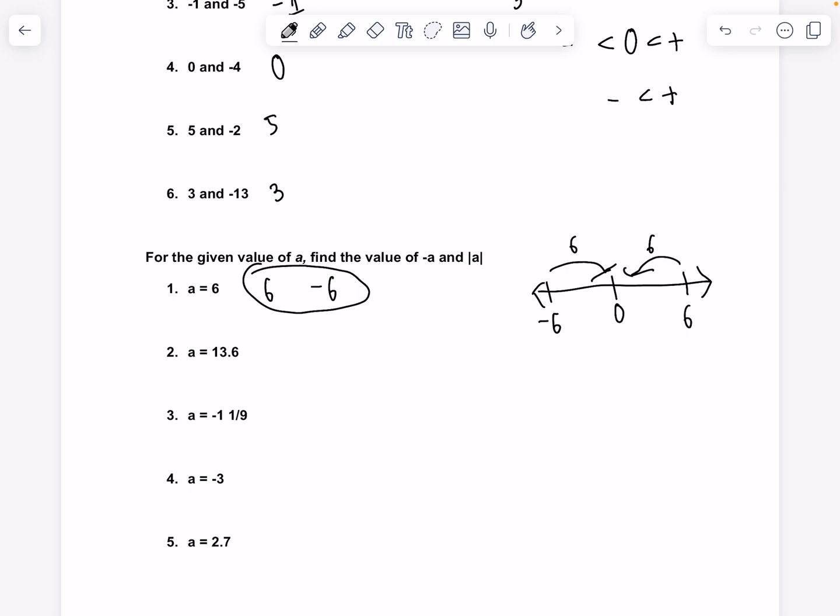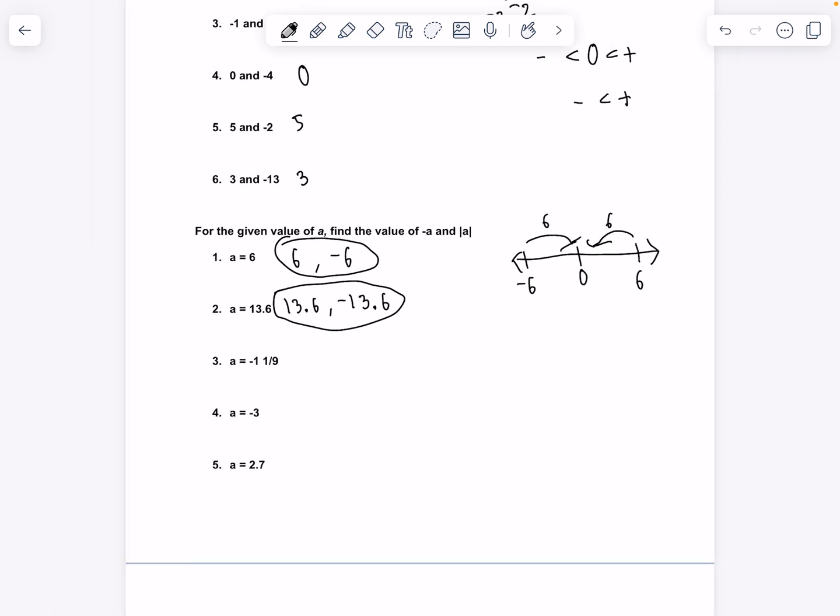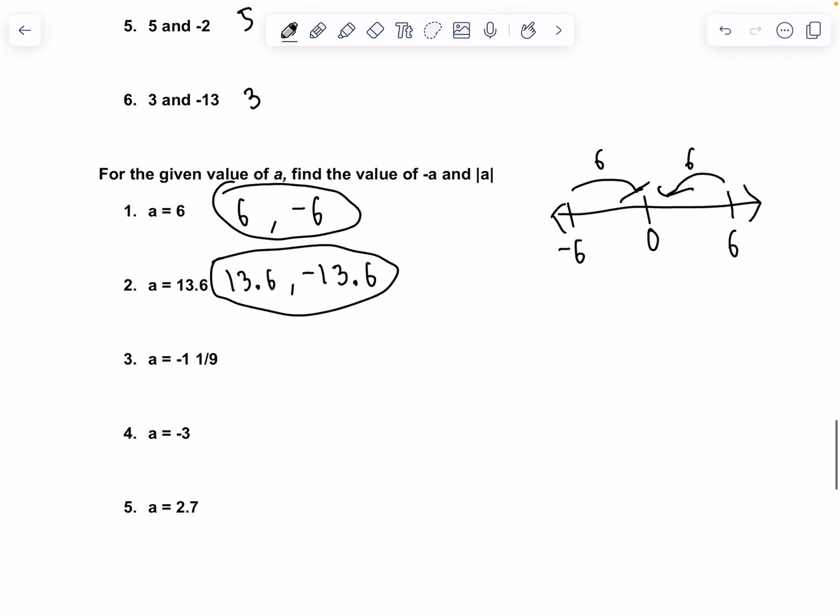One is 6. So you can do the same thing. 13.6. It's 13.6 away from 0. So it will be 13.6 for the absolute value. And then we add a negative to find the negative a. And then we'll do the same for negative 1 and 1/9.